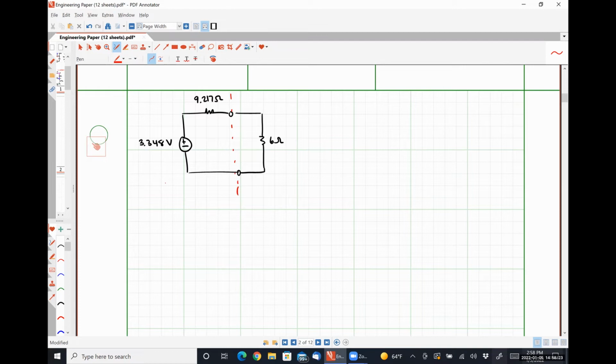So everything to the left here is the Thevenin equivalent, as seen by that 6 ohm resistor, okay?